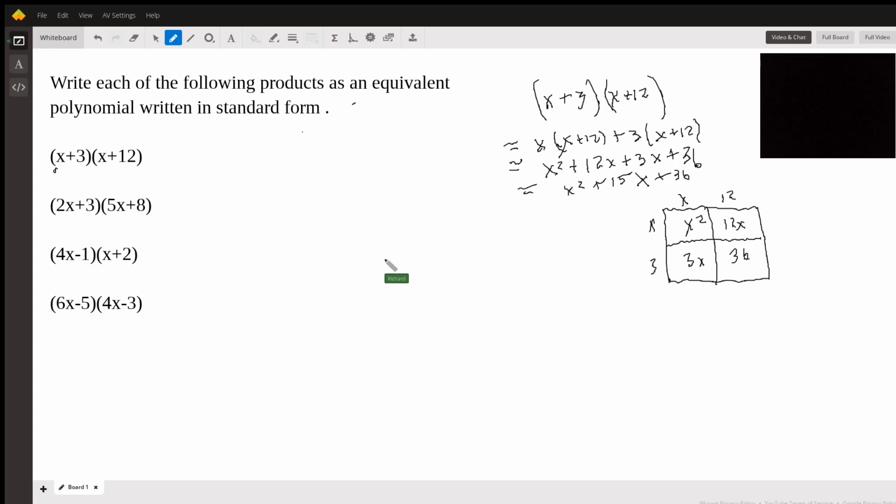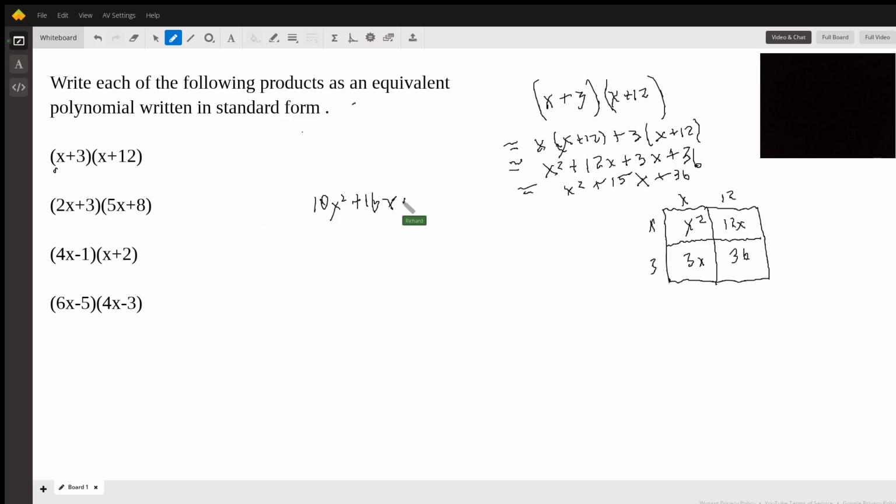For this next one, I'm going to distribute the 2x first. Taking this 2x and distributing it against this, I get 10x squared, and then 2x against 8 gives me 16x. Then I'm going to take the 3 and distribute that.